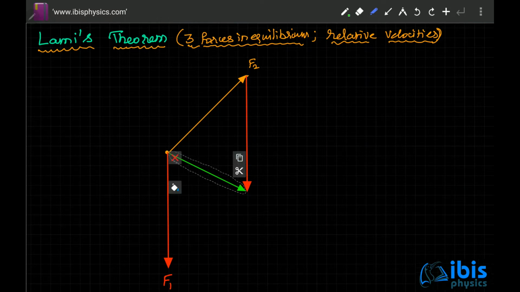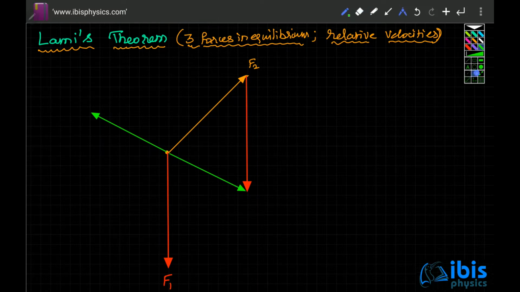Exactly this force, but acting in the opposite direction. Now this force acting on this object will keep it at rest. This is the third force F3, which is going to compensate F1 and F2. Let us name it F3.